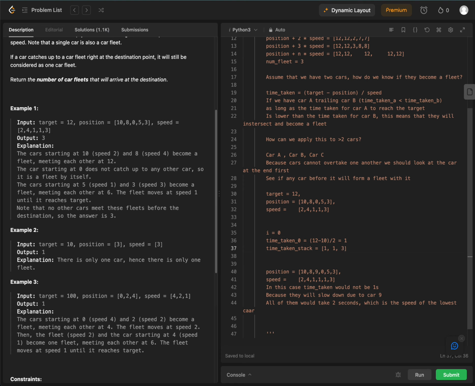So we would have to slow down to catch up with 3 seconds. We can only travel as fast as the slowest car. We can only travel as fast as the slowest car in this case. So it's 3 seconds.